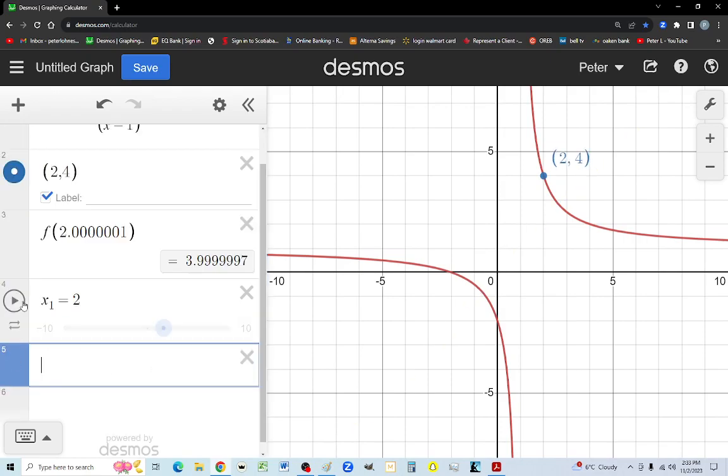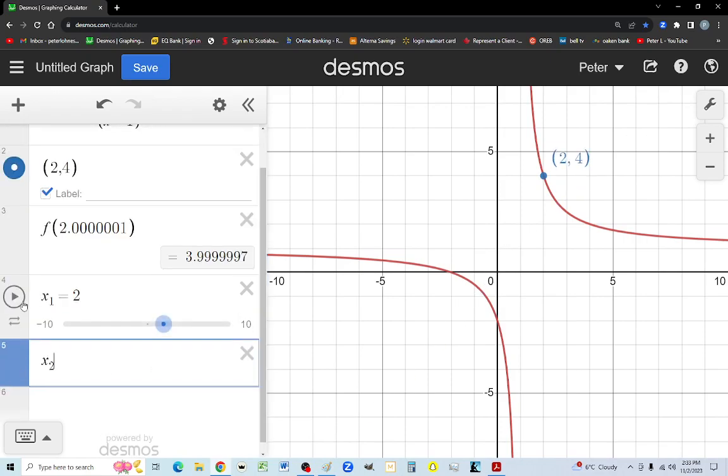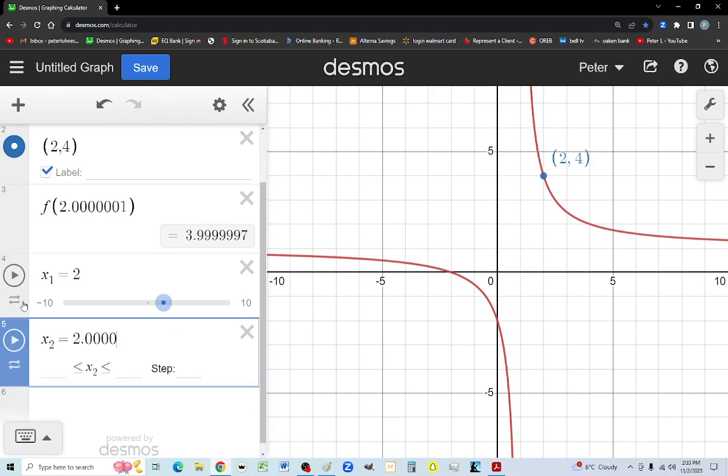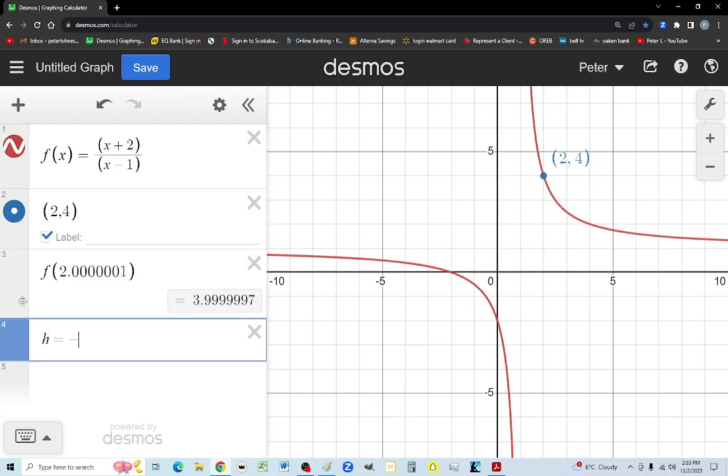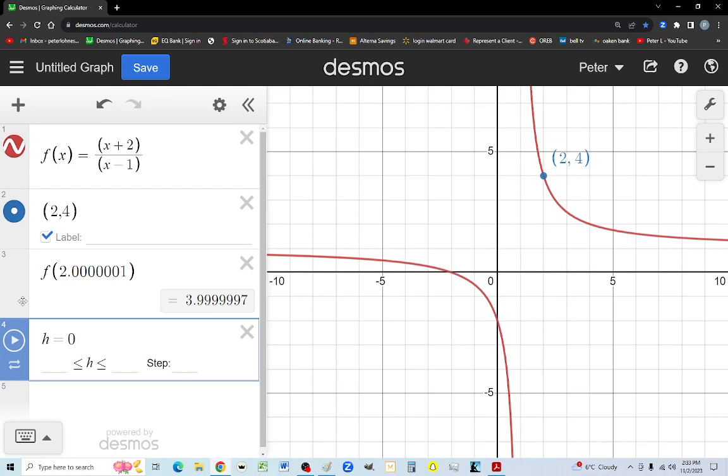So we're going to use it like that, which means if I'm going to label this, my x1 is 2, my x2 is 2.001, and it's quite obvious that if I take x2 and subtract x1, I'm dealing with an h, which is the difference between the two, of this. However many zeros I threw up there, that's my h.